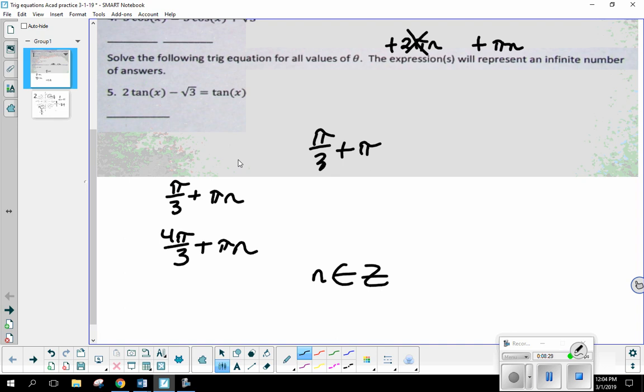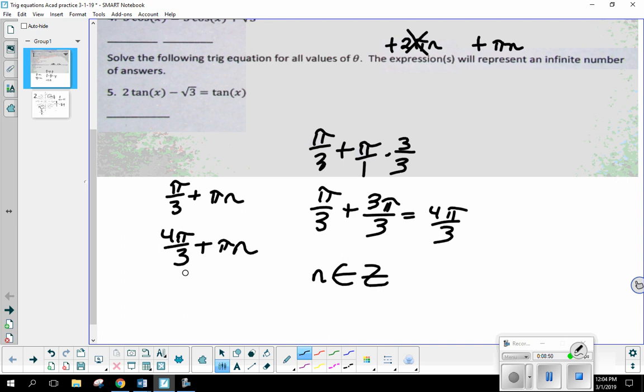Okay, I need a common denominator, right? It needs to be 3. So what's pi over 3 plus 3 pi over 3? Okay, but do you notice it? Isn't the other one start at 4 pi over 3?